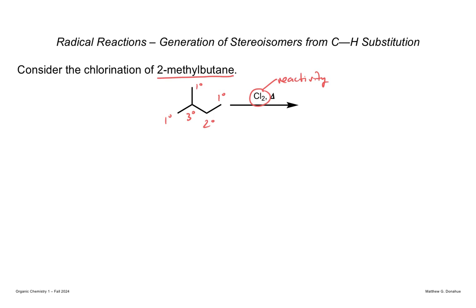We're going to use chlorine, and we just learned that chlorine supplies enough energy to do a substitution basically at any of those positions. If we were using bromine, it would essentially give you one major product where only the tertiary is substituted.